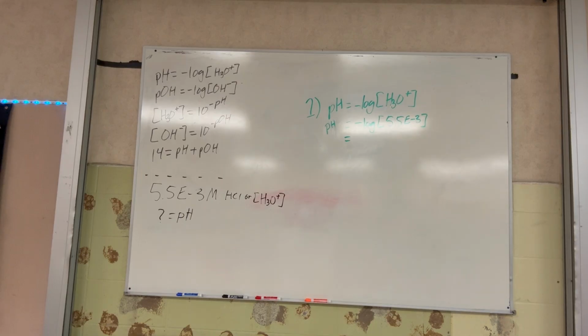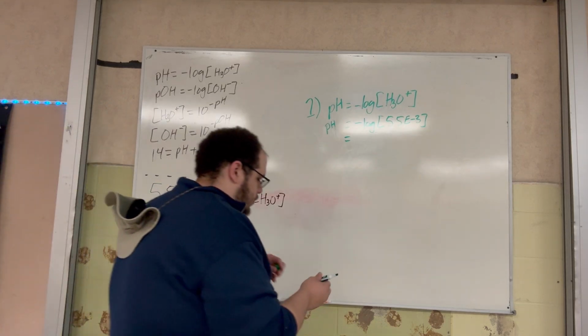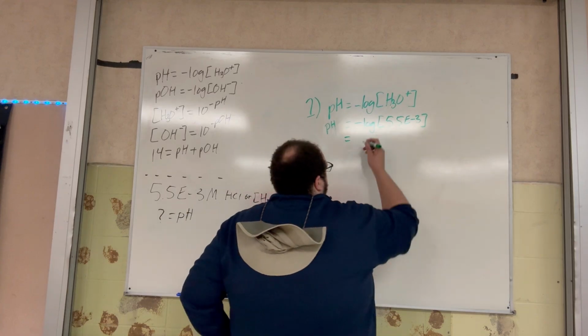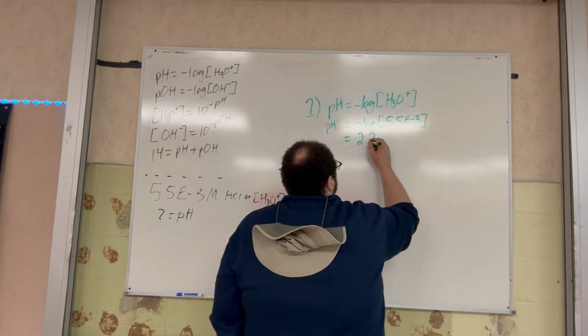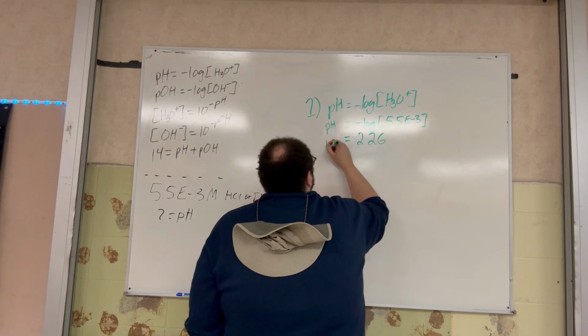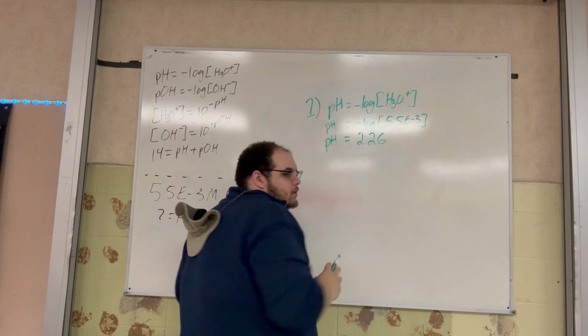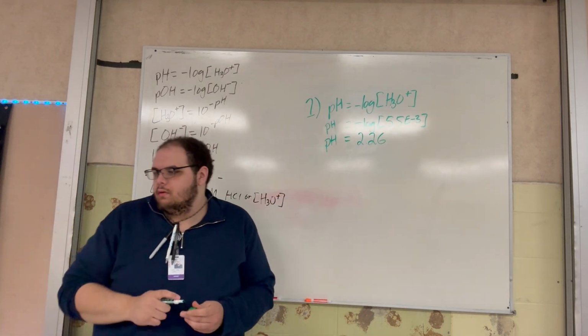What do we get when we type it in? 2.26. We'll do 3 sig figs. So we got 2.26 for pH. Is that what everybody else got when you round to 3 sig figs?